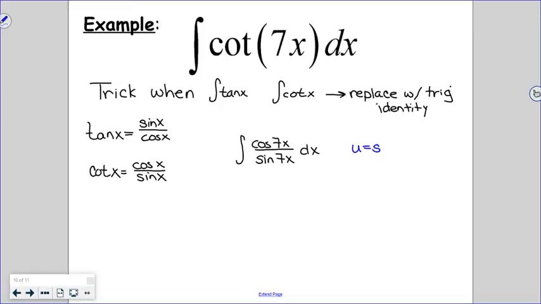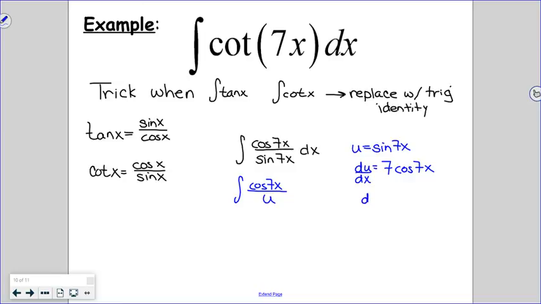So I would let u equal the sine of 7x, which means its derivative is, du over dx is cosine, not cosine. What is the derivative of sine 7x? 7 cosine. Chain rule, right? 7 cosine 7x. So I'm going to replace sine of 7x with u. I'm going to replace dx.